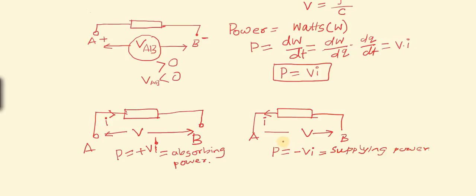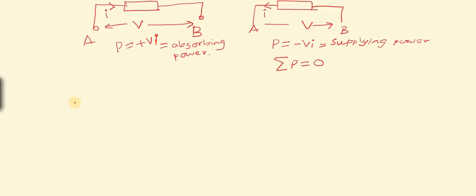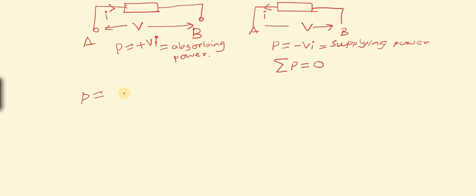Okay. The law of conservation of energy must be followed. So the summation of total power always remains constant through any element. In the definition of power, we just saw that P is equal to the time rate of energy, dW/dt.